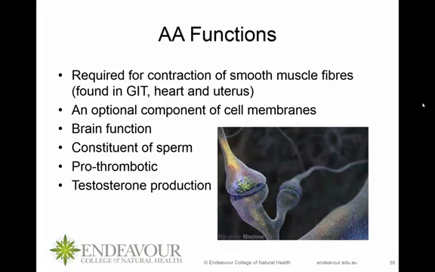It's also involved in testosterone production. So arachidonic acid is an essential fatty acid derivative and conditionally required, as previously stated. It has essential functions as listed here, but just recalling what was said previously, too much arachidonic acid has a pro-inflammatory effect.